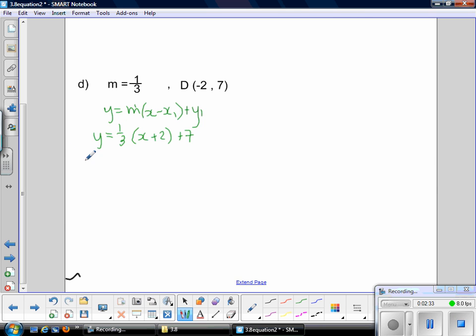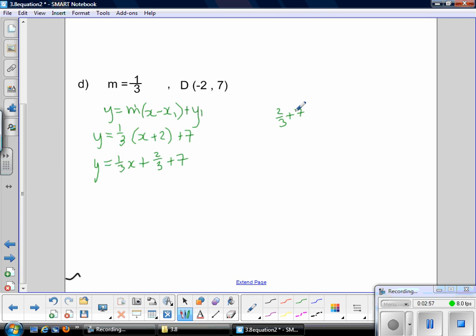So I end up with y equals 1/3 x plus 2/3 plus 7. So now really the work I have to do is the 2/3 plus 7.